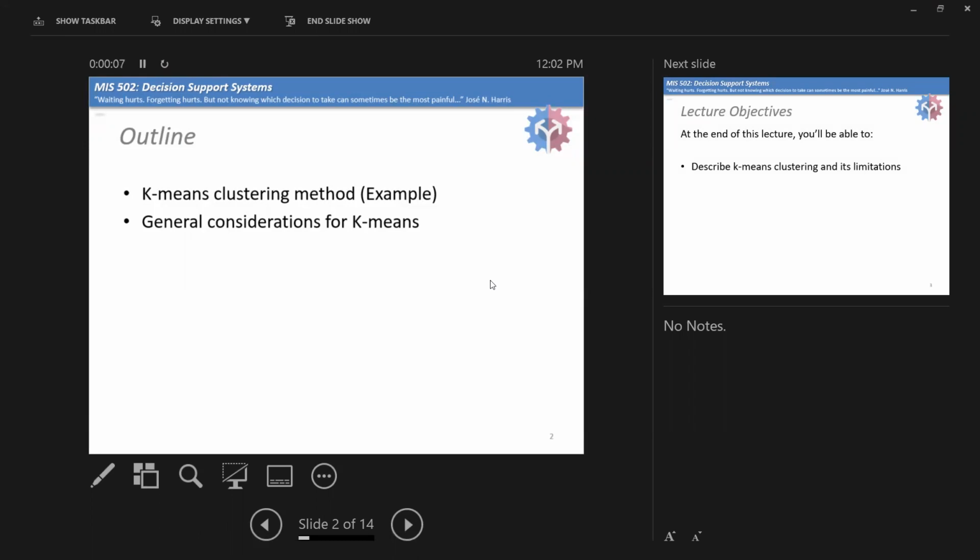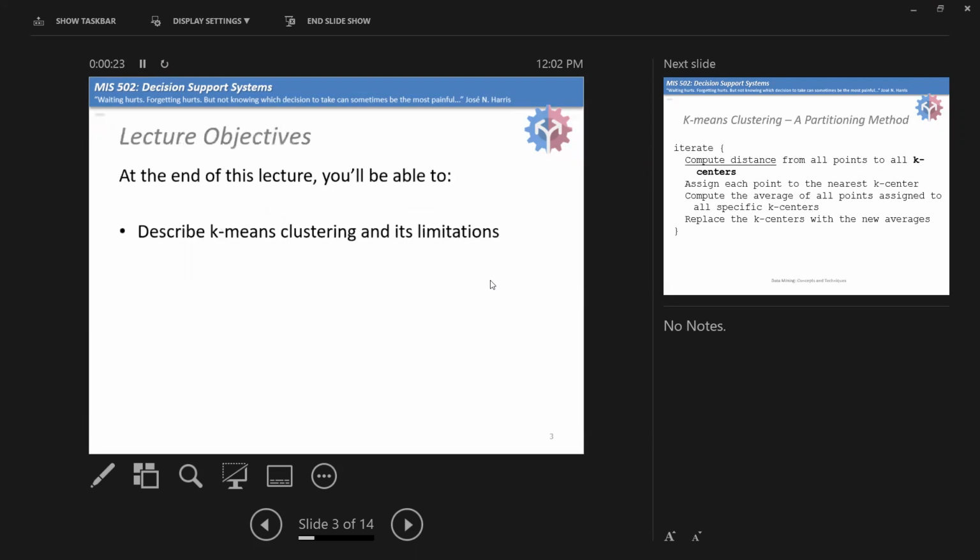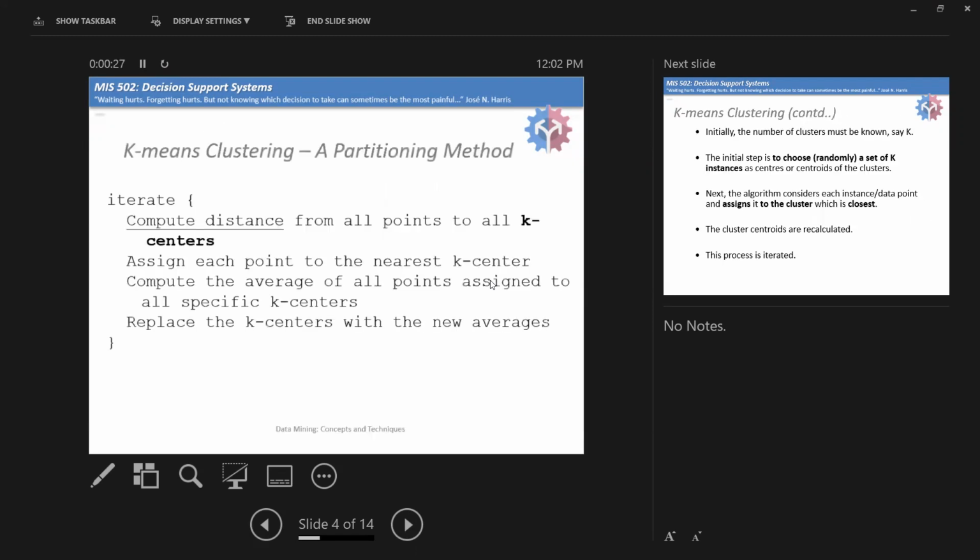Which family does it belong to? I mentioned that to you. Partitioning method. So you know what partitioning does, right? It creates groups, segmentations, right? And then we'll talk more about k-means. So our discussion will stay on k-means only. We'll talk about k-means and its limitations.